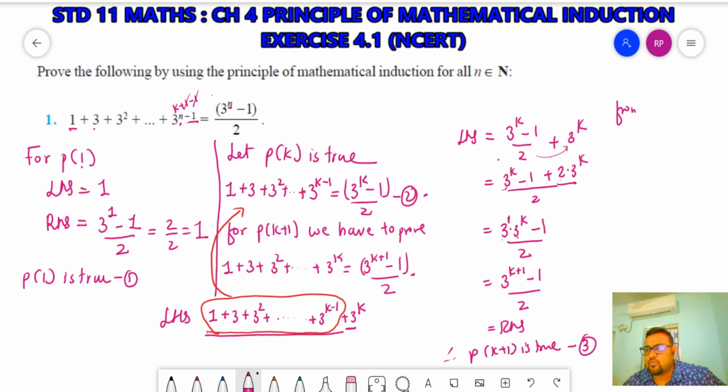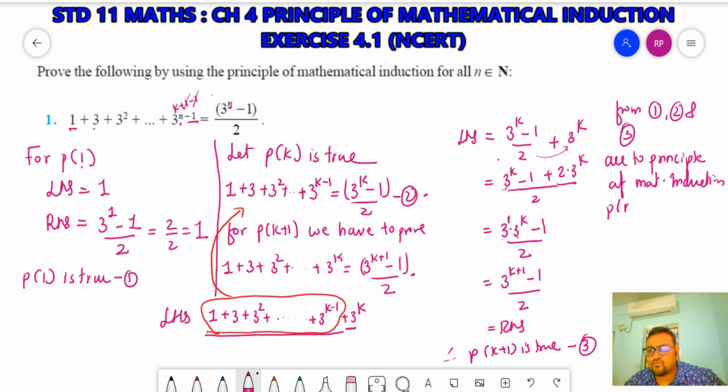So from 1, 2 and 3, according to the principle of mathematical induction, P of n is true for every n belonging to N. Clear? Okay. So this was about question number 1. So just note it down.